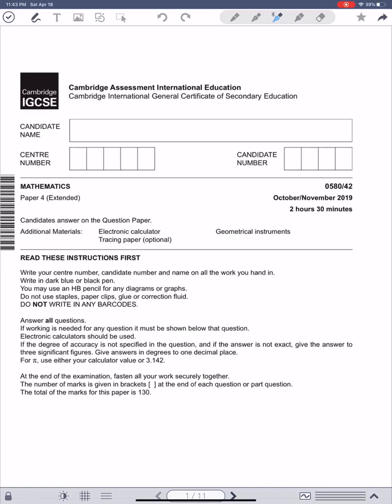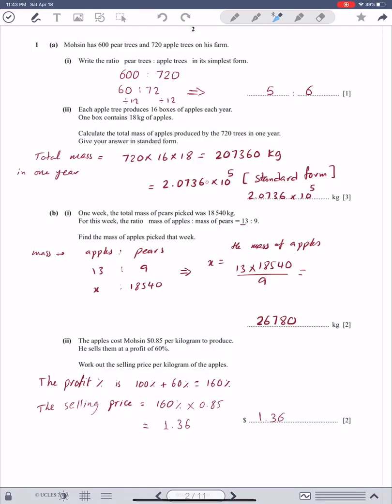Okay, let's start. Question number 1, it's about numbers. Mohsen has 600 pear trees and 720 apple trees on his farm. Write the ratio of pear trees to apple trees in simplest form.